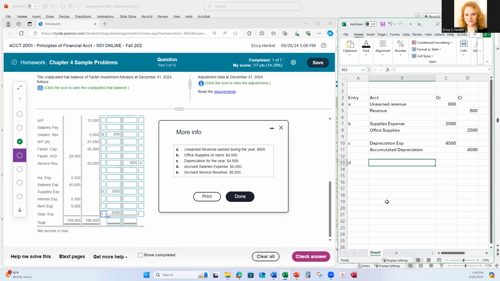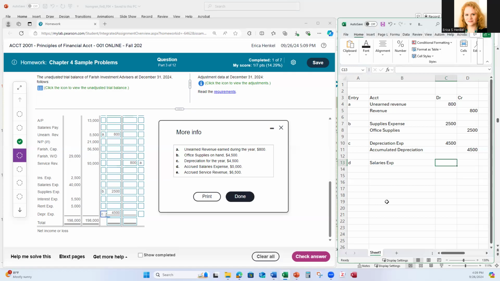So again, all of our expenses, when we record them, get debited, because every one of these adjusting journal entries usually hits an expense account or a revenue account, and then usually an asset or a liability. Okay. And generally not cash, right? Because the cash happened prior to these adjusting entries.